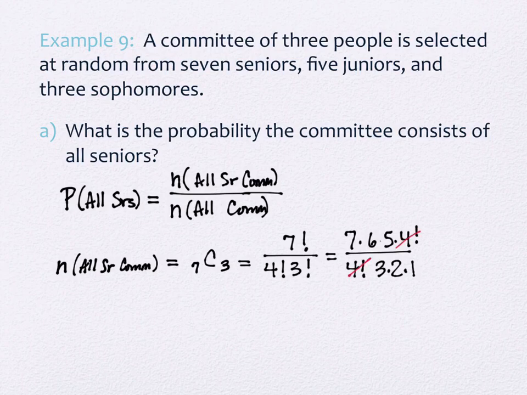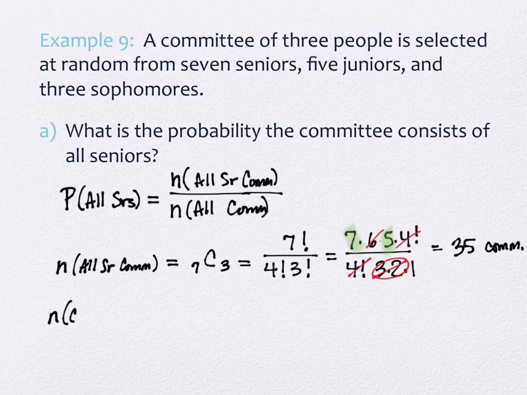What else can cancel? The 3 and the 2 at the 6. Imagine you can do that one in your head. 7 and 5 multiplied give me what? 35. There are 35 committees here that would be all seniors. 35 different committees would be all seniors. Or different arrangements of people to create committees, if you wish.